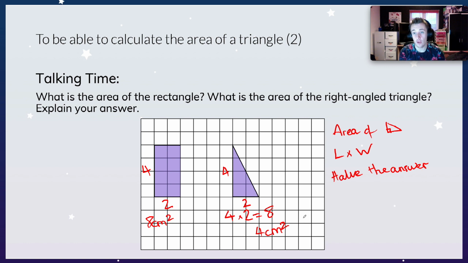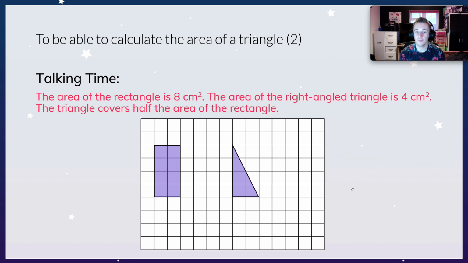You would get the same answer. So you could halve this to make it 2, halve this to make it 1, but you'd get 2 times 1, which is 2, so that doesn't work. So the method is here. Length times width, halve the answer. As you can see here, it's half of the rectangle.